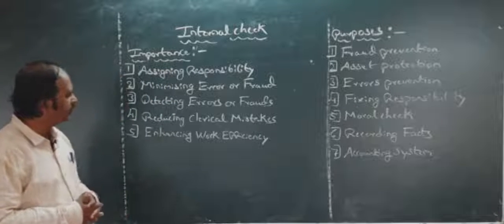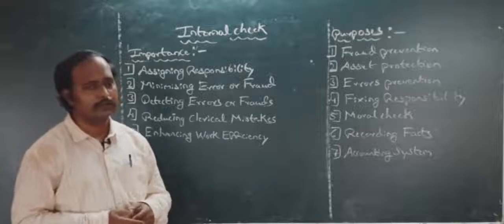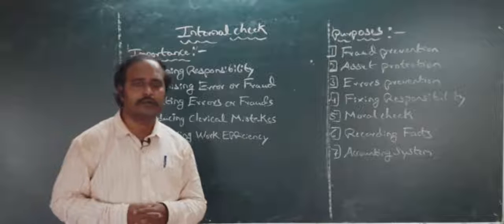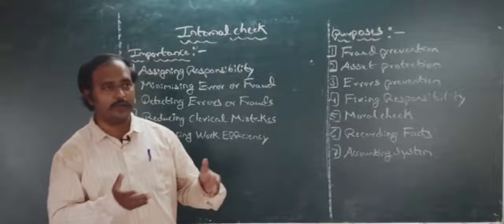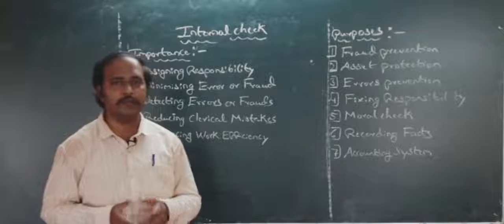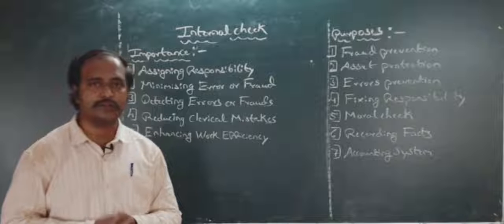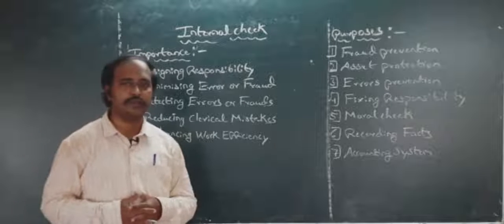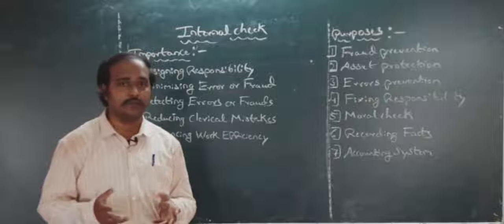Thereafter, reducing the clerical mistakes. Obviously, being human, we commit mistakes, and if a person who is preparing or recording the business transactions commits mistakes, then definitely it would affect the result.